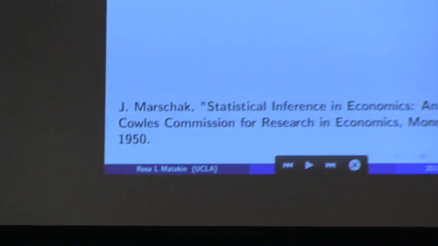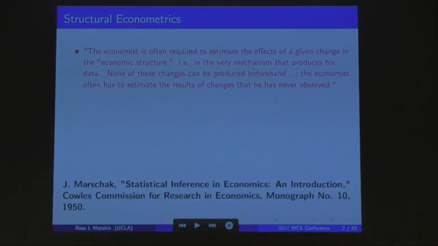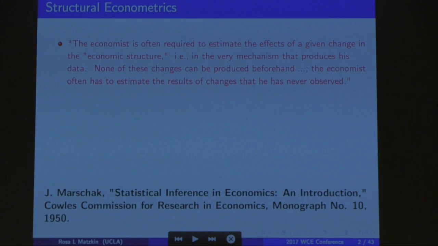Originally they started with monograph number 3, which relates to how to work out price indices in the stock market. Monograph number 10, which is this one, sets up the foundation for the analysis of simultaneous equations.